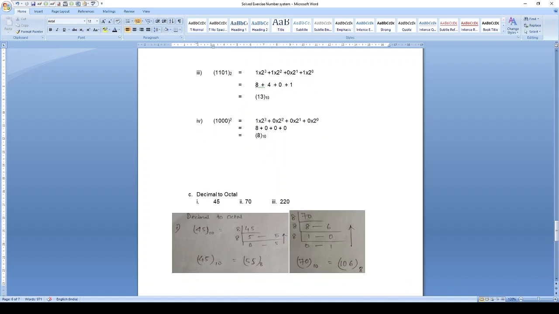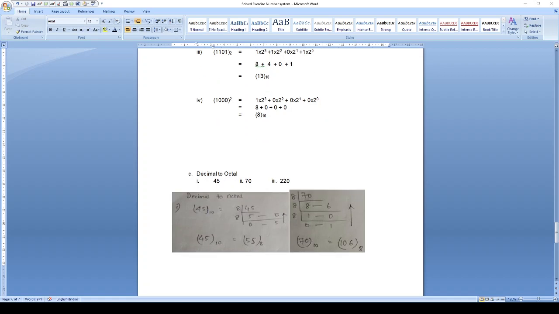Next, you do the decimal to octal conversion, right? Let's convert decimal to octal. Number C, right? What do you have? 45, 70, 220.